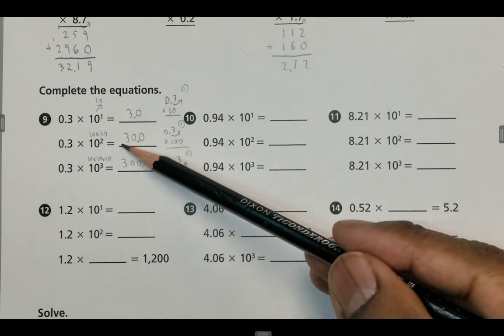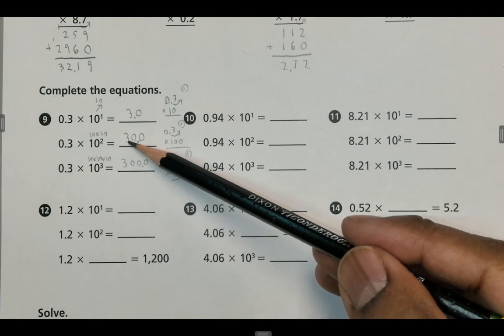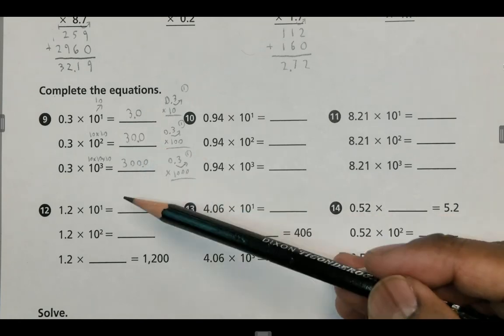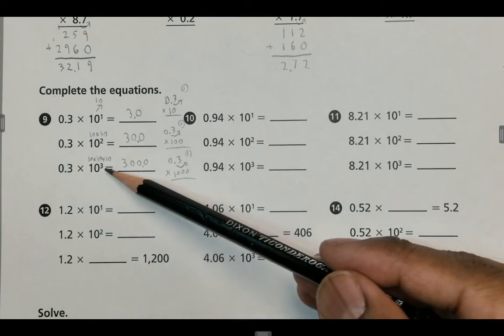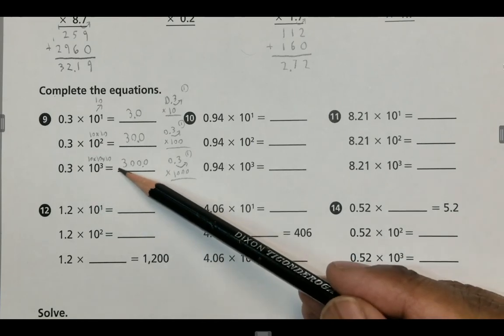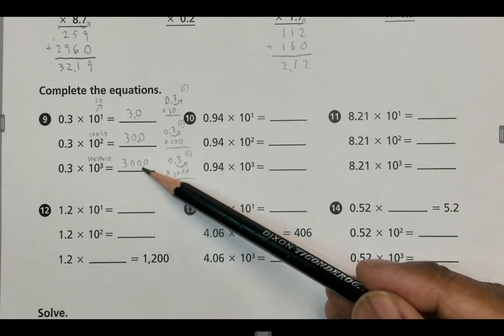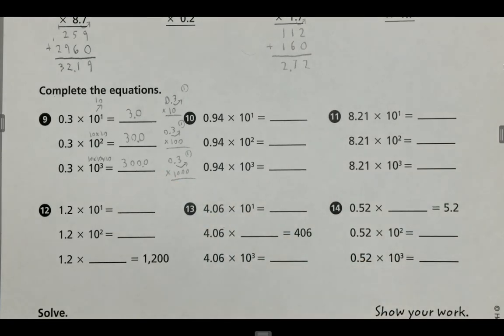Imagine that a decimal point was here, and we did 2 pushes. 3/10 multiplied by 1,000. Imagine that the decimal point was here, and now we've done 1, 2, 3 pushes to the right to reinsert a decimal point.